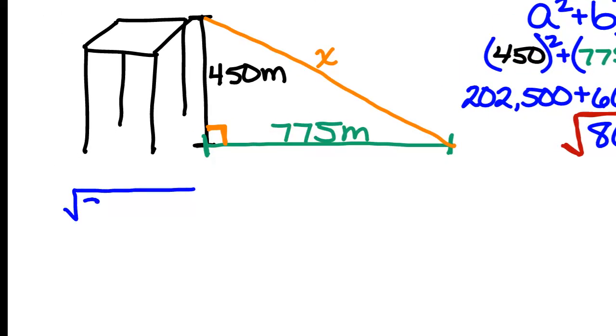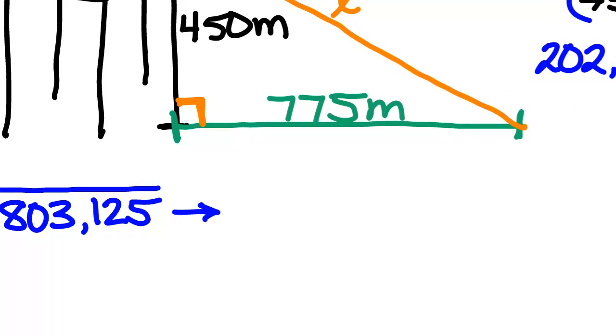Square root of 803,125. So just looking at that number, it ends in a what? It ends in a 5, which means you know immediately that what can go into it? 5 can go into it. What is 803,125 divided by 5? Yes.